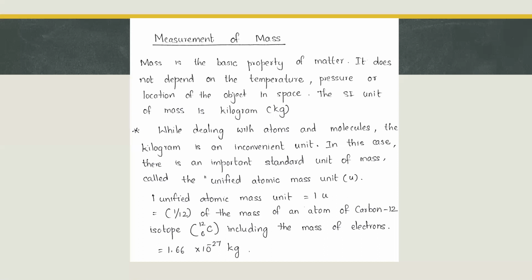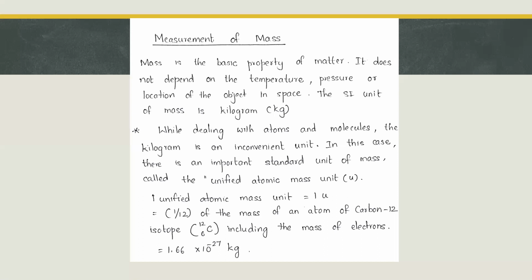It is given by a small letter u, English alphabet. One unified atomic mass unit is equal to 1/12 of the mass of the carbon atom. That is 1/12 of the mass of an atom of carbon 12 isotope, that is C-12, including the mass of electrons.